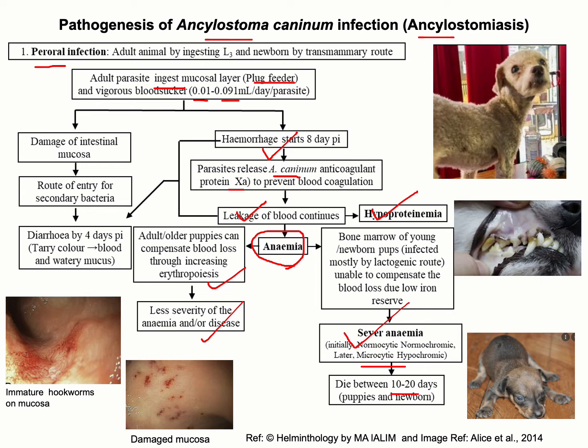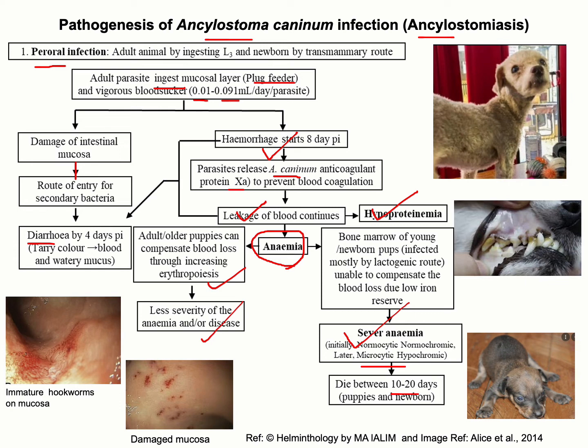Another thing that can happen is the loss of intestinal mucosa followed by damage to the intestinal mucosa. This damage will act as a route of entry for other bacteria. As a result, there will be inflammation, contributing to diarrhea after four days post-infection.